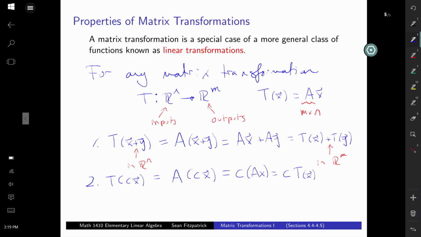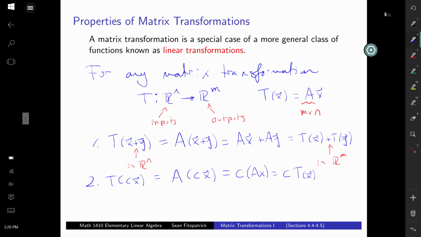So this is one of the reasons why linear transformations are important: they not only take you from vectors in one space to vectors in another space, but they also match up the addition in one space with the addition in the other space, and the scalar multiplication matches with the scalar multiplication in the other space.